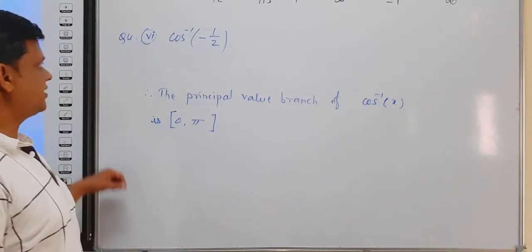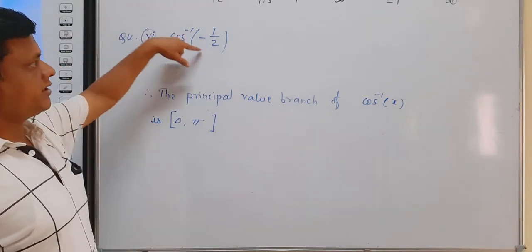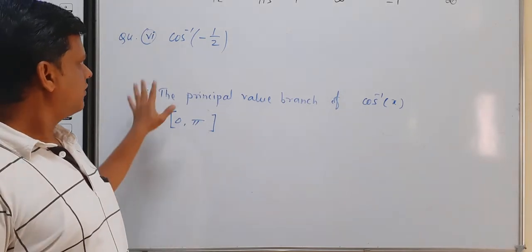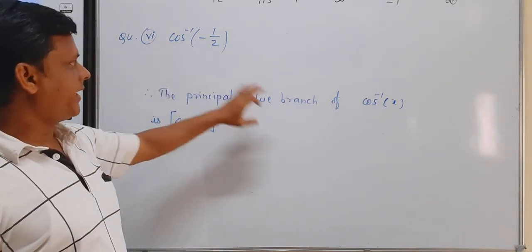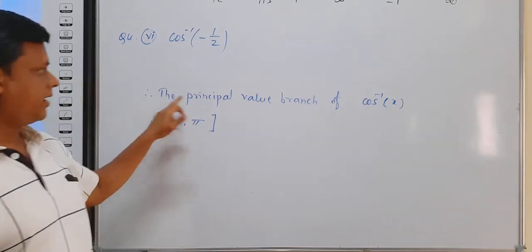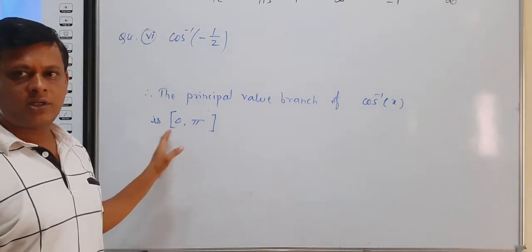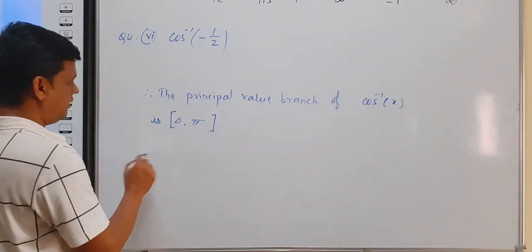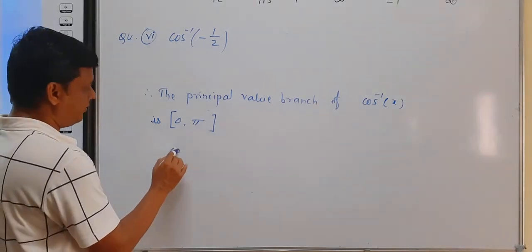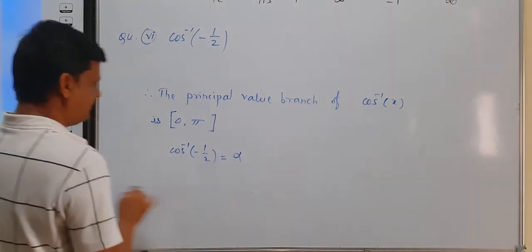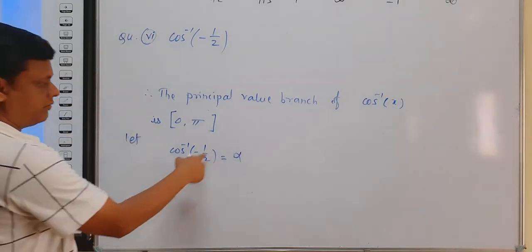Now see the next example, cos inverse of minus 1 by 2. So we have to see the principal value branch for cos inverse. The principal value branch of cos inverse x is the closed interval 0 to pi. So we consider cos inverse of minus 1 by 2 equals alpha. Therefore cos alpha equals minus 1 by 2.